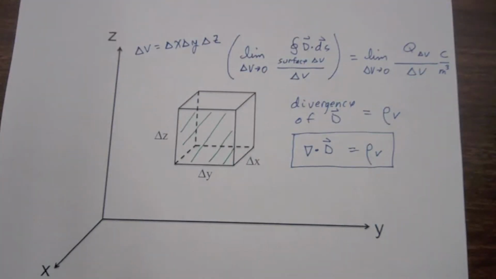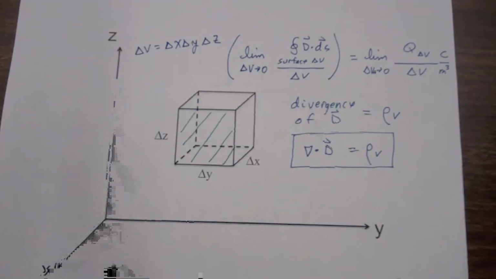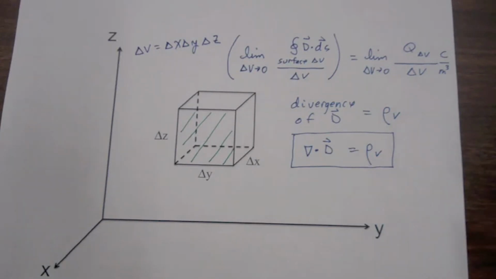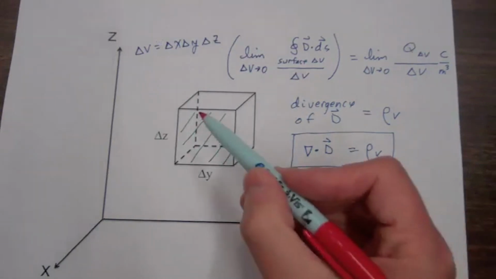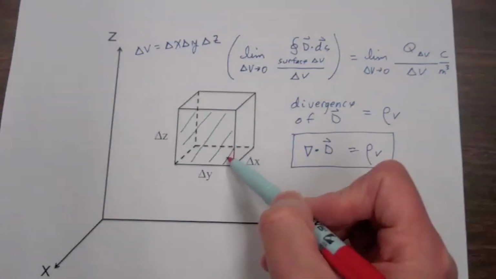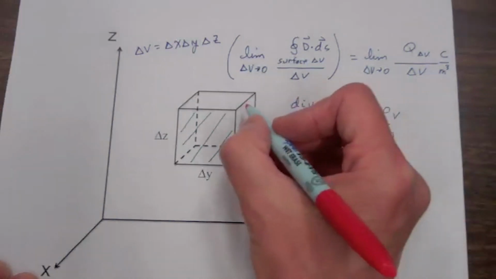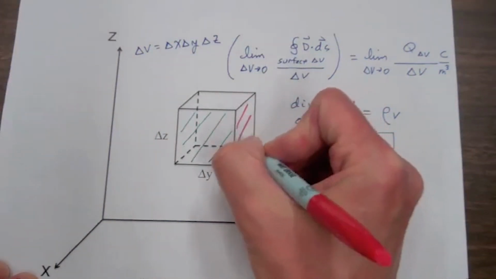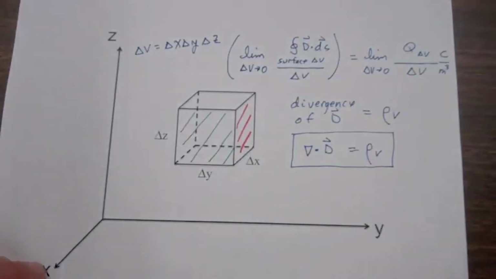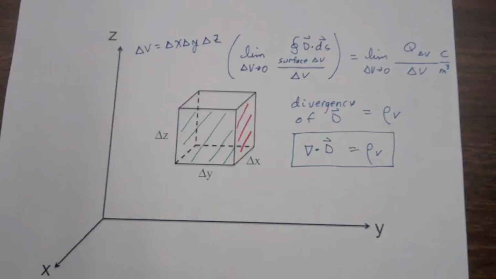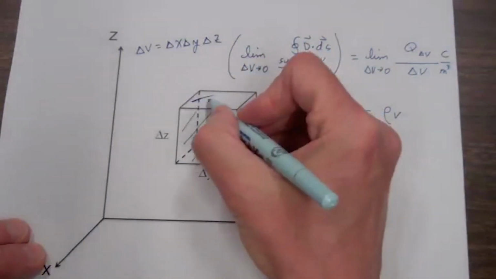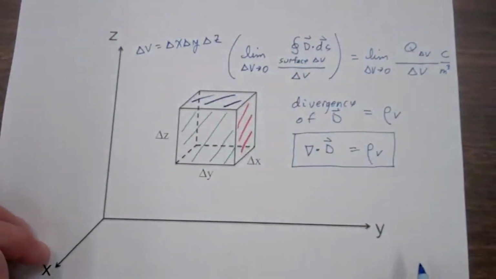So now we have a procedure for estimating the electric flux density field on the 6 faces of our cube. Again, this shaded face we'll call the front face, the opposite side the back face. Let's call this face the right face, the opposite side the left face, and let's call this the top face, the opposite side being the bottom face.